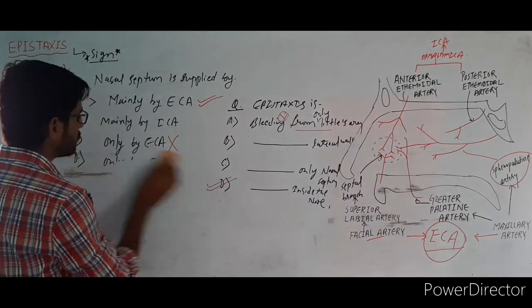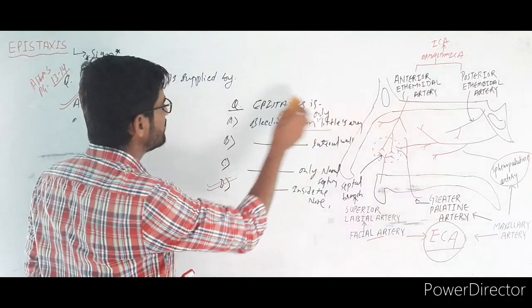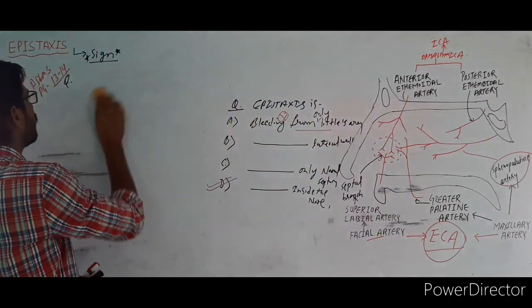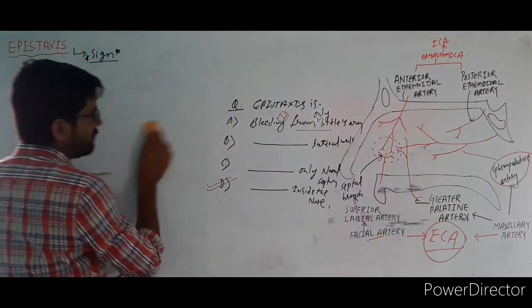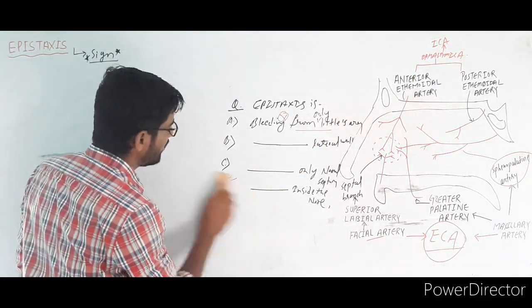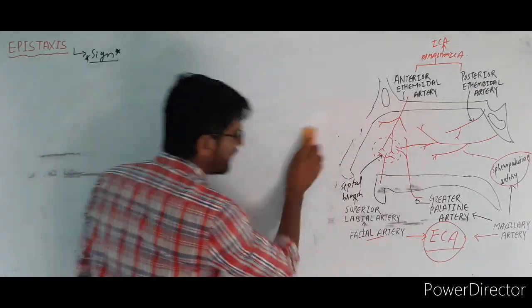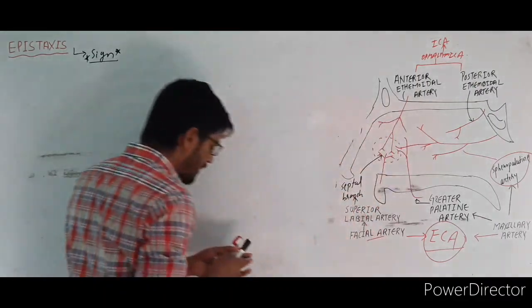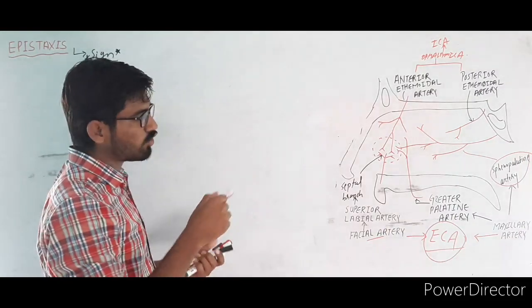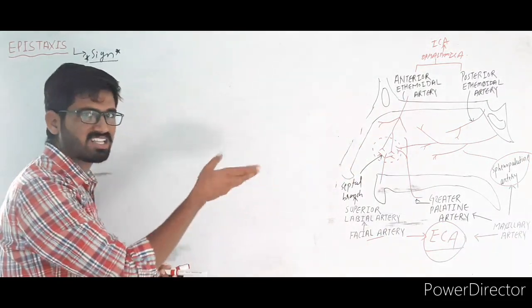Now you know Little's area is here. I explained the four arteries and everything in the anatomy of the nasal septum. One thing is that Little's area is a very common bleeding point in infants and young children.